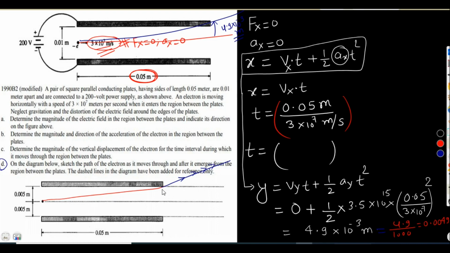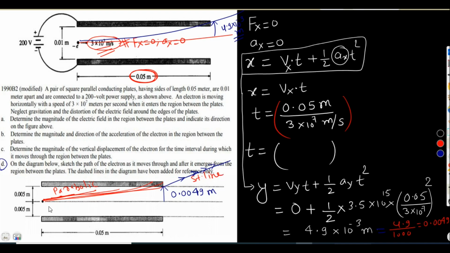So this will be approximately 0.0049 meters, and this is 0.005. So approximately it will touch here, and it will go straight, and this path will be parabolic. Please see, this will be a parabolic path, and this will be a straight line.